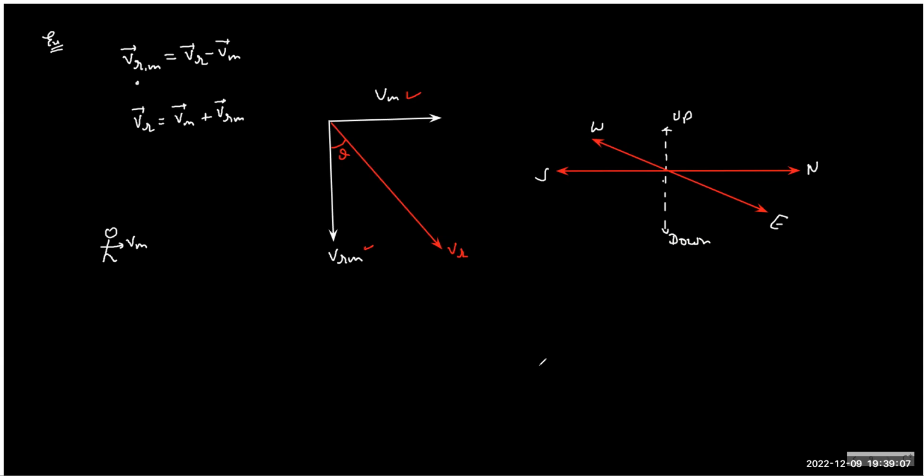Ground frame. Yeah. So it means that is the actual direction of motion of the raindrop. The first two, I believe you all have solved.